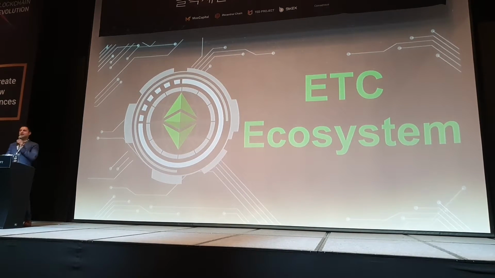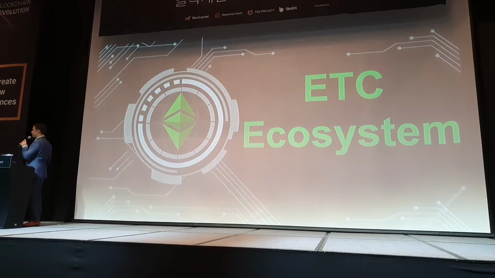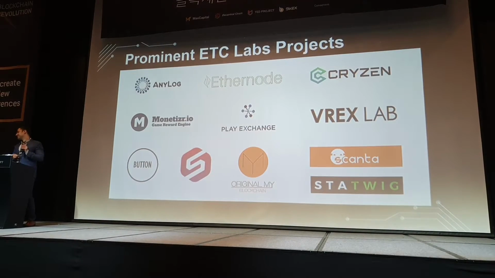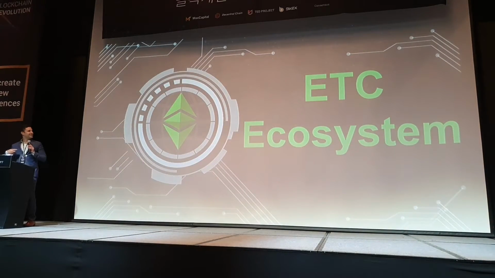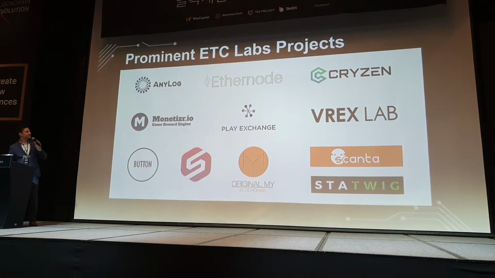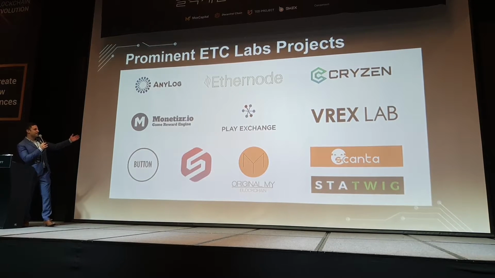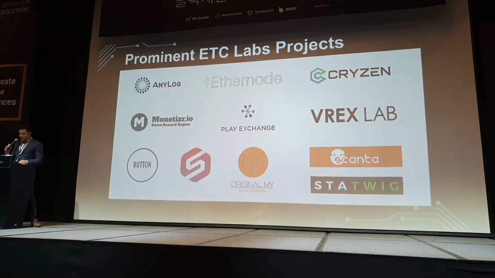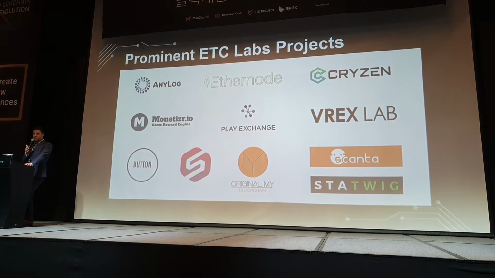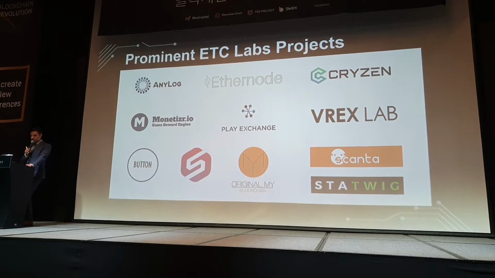So, let's take a look at our ecosystem. Here are some of our projects in our ecosystem. We have many projects. We have a very diverse and vibrant ecosystem with over 320 blockchain projects currently developed on the protocol.